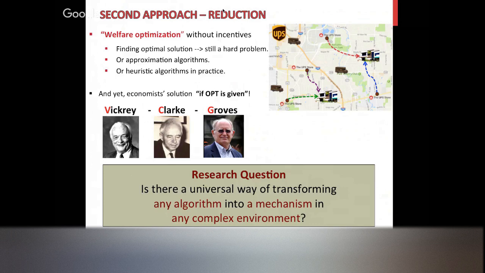When people think about VCG, it's for the most general case of mechanism design, and that's exactly the type of setting I'm looking at. So what does transform here really mean? It means that if I run the original heuristic algorithm, whatever it outputs, you can get the same exact output here. So I just use the heuristic algorithm as a black box, and I may manipulate the allocation rule.